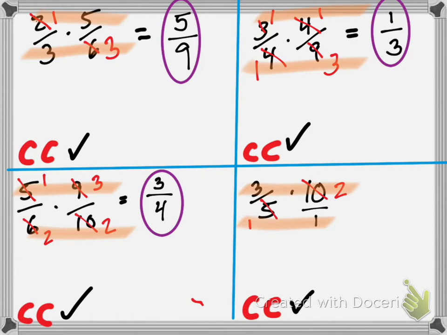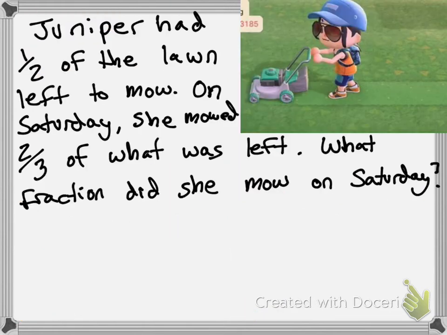What is 3 times 2? 6. What is 1 times 1? 1. So 6 over 1, or how else could we write that? You could also just write it as 6. Yeah, I can also just write it as 6, because anything over 1 is just it. Perfect! Great job, you guys.